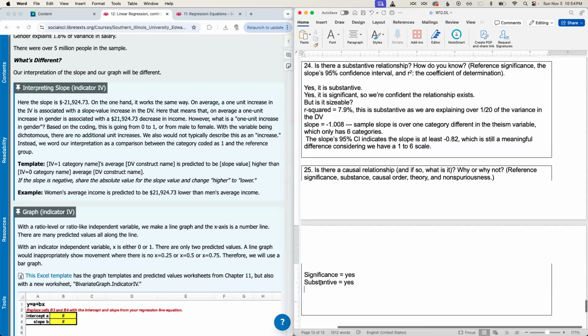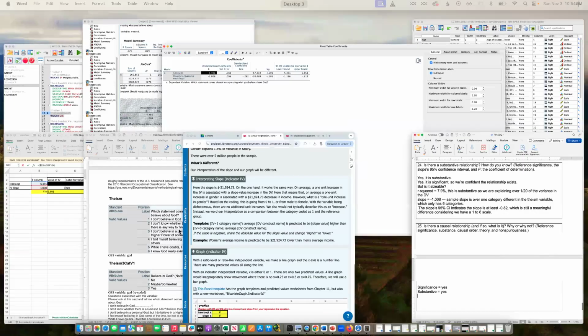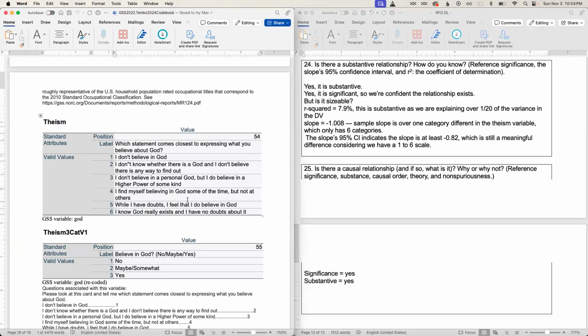I would say people who are more certain probably have more traditional beliefs in God. It says it's using the term God, not higher power. And so I would say that people who say I know God really exists are probably more likely to be members of more traditional religions, which probably are less into marijuana legalization.